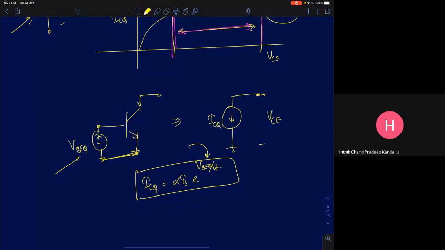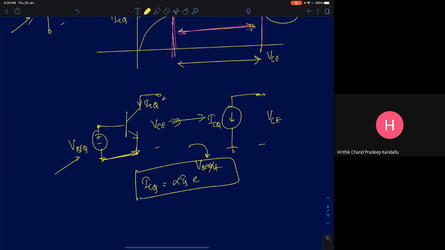Then the current flowing through this will always remain constant independent of the voltage across it, as long as VC is greater than 0.2. As long as your VC is in a certain range, it's going to behave like a current source. So a BJT can be used as a current source. If you bias it appropriately, a BJT can be used as a current source also.